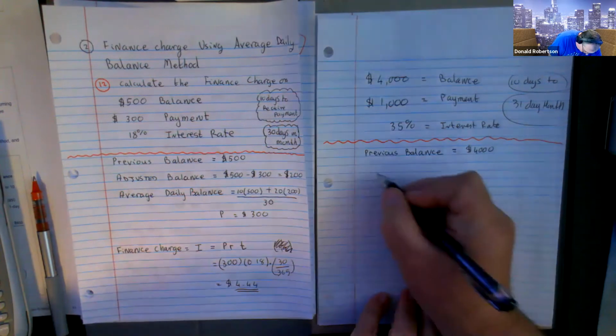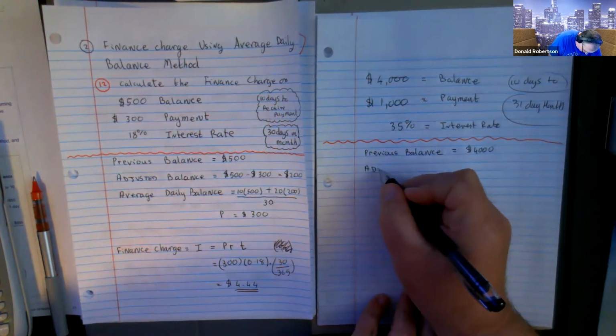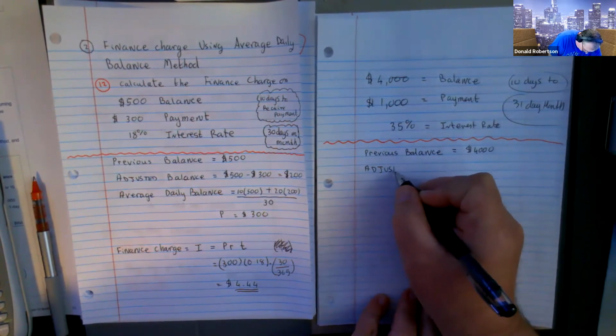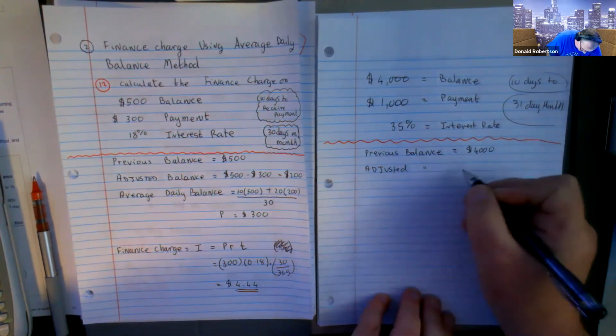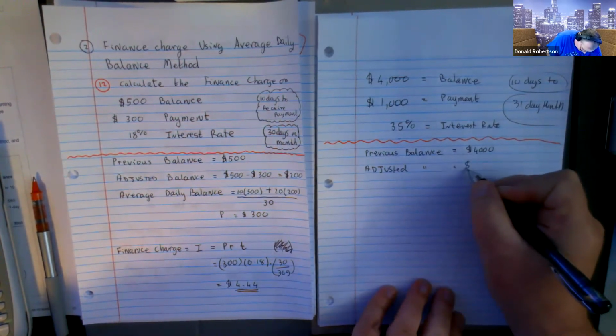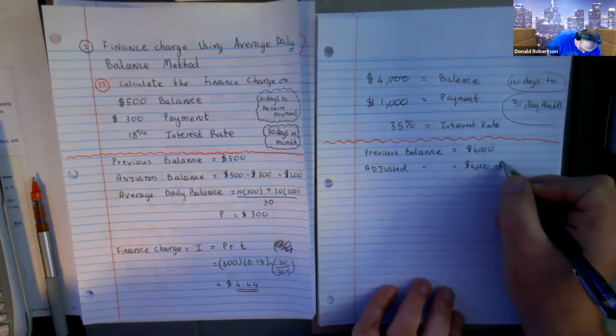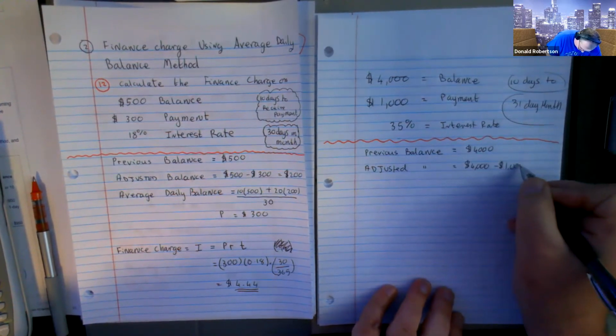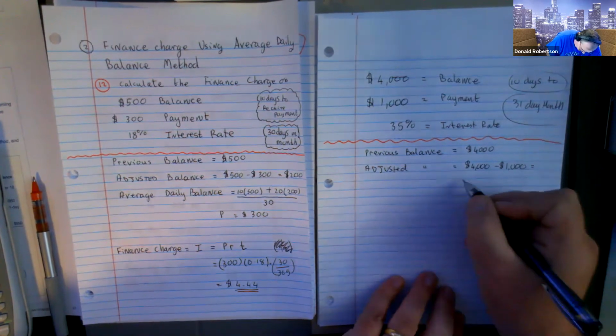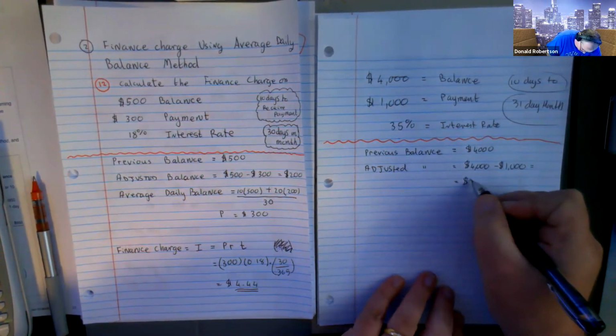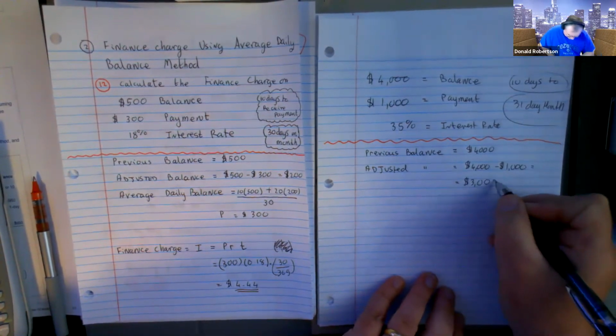And then the next guy is called the adjusted balance. And it is the 4,000 that you owed, take away the 1,000 that you decided to pay it down with. And now you've got an adjusted balance of 3,000.